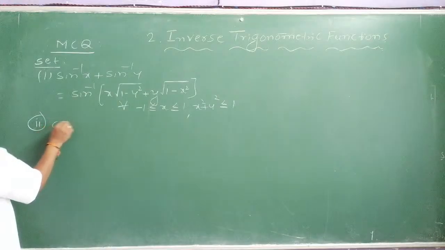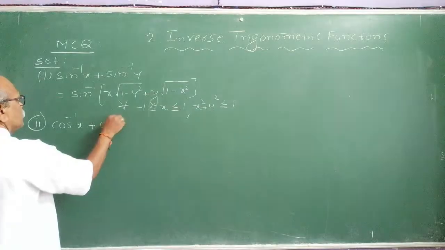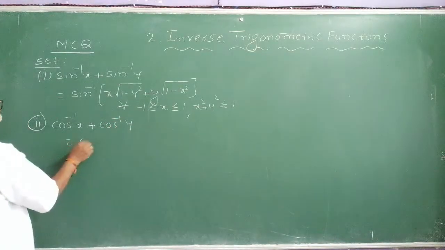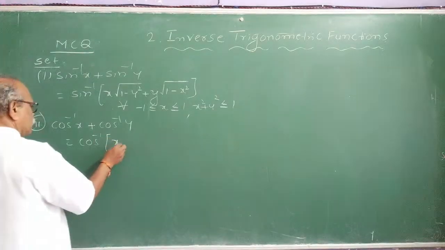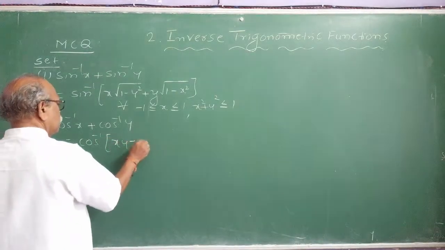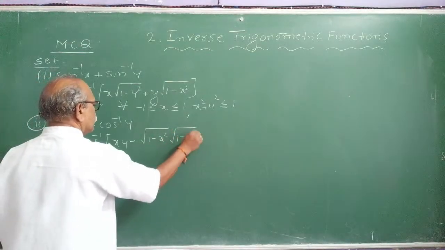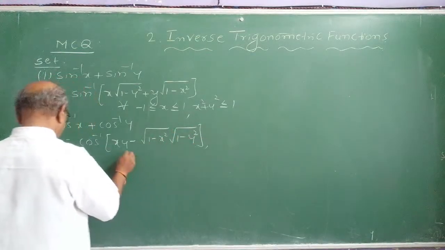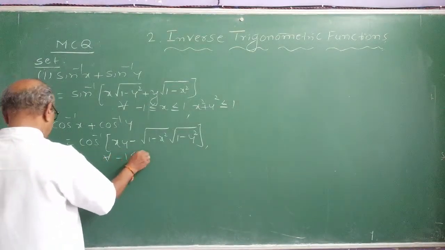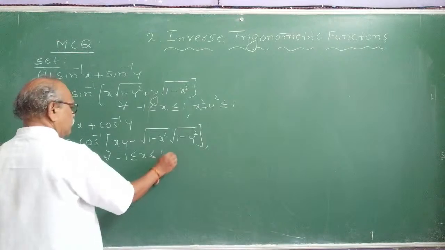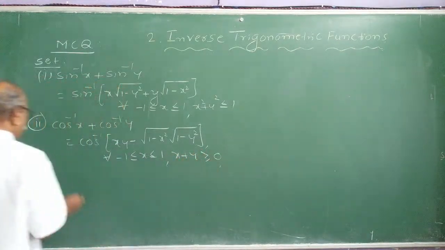Similarly, cos inverse x plus cos inverse y is equal to cos inverse of xy minus root of 1 minus x square root of 1 minus y square, provided for all x lies between minus 1 and plus 1 and x plus y is greater than or equal to 0.